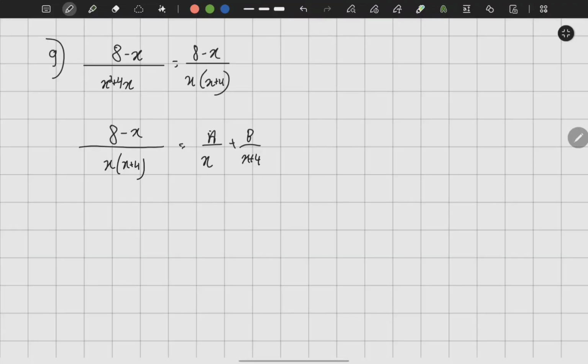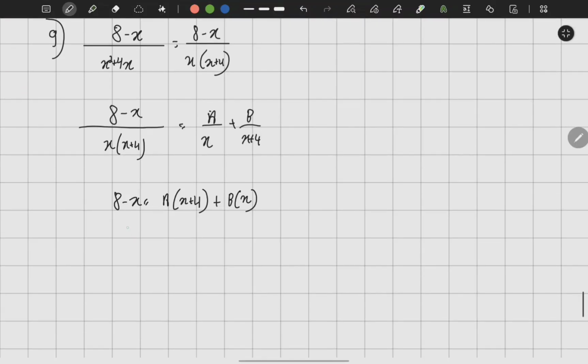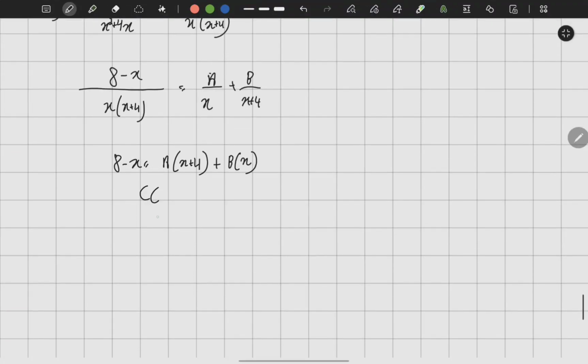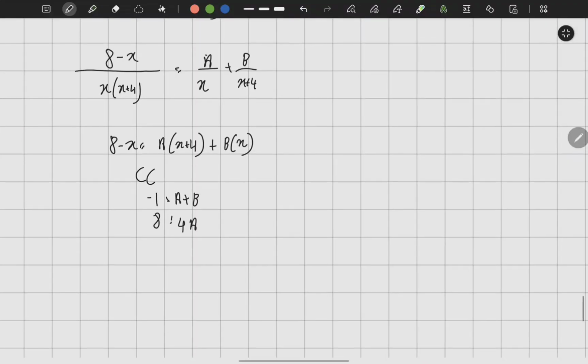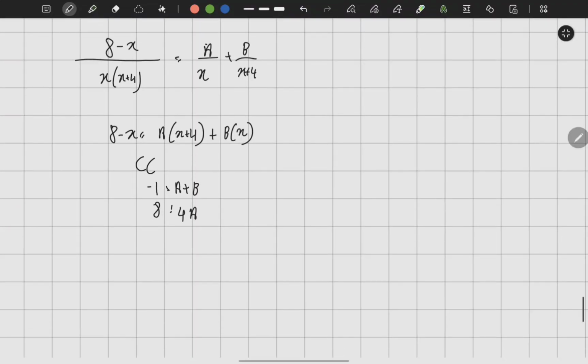And then after this, we cross multiply, we get a lots of x plus 4 plus b lots of x. This is quite simple. So we're going to write CC for comparing coefficients. Minus x and 8, or minus 1 for the coefficient. And we have a plus b, and the 8 simply for a, because there's no other constant term for the b.